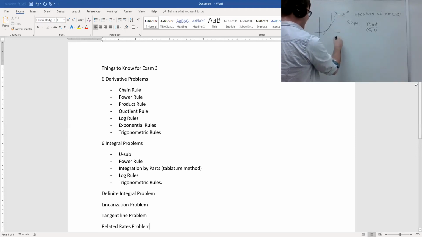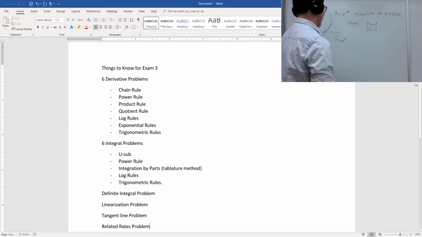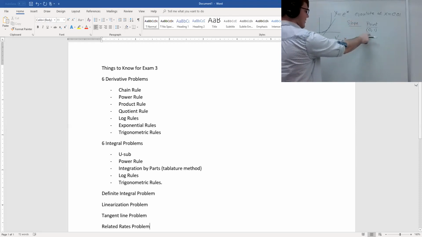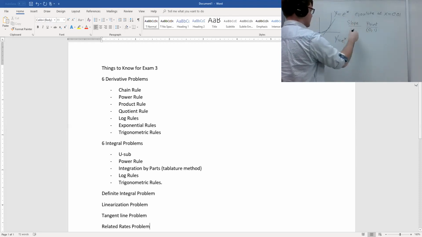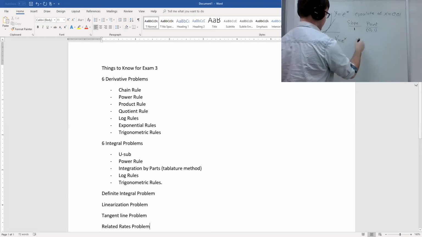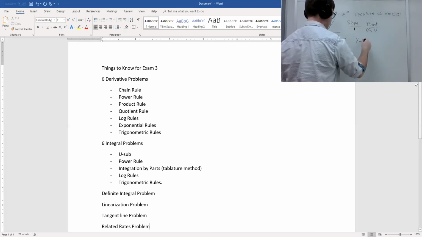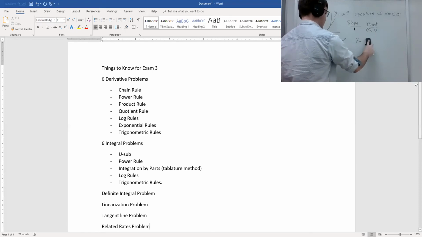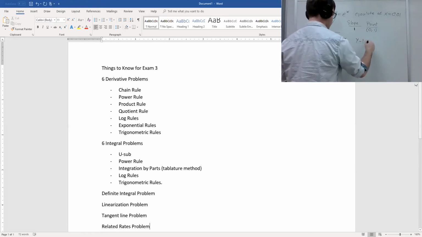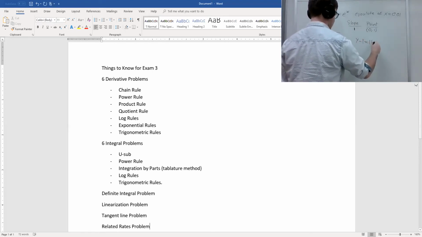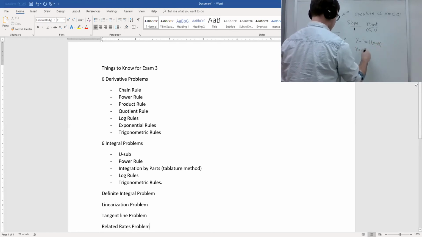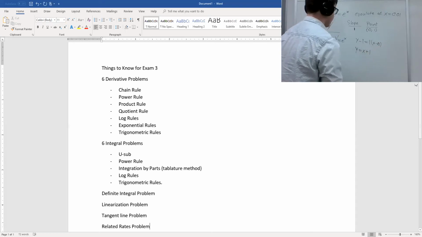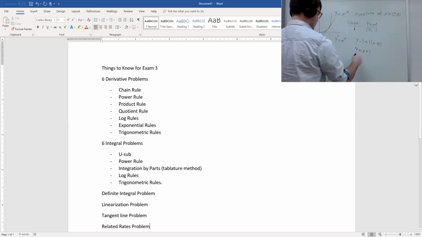Then we use that same point, the 0, for our slope, which means our slope is just going to be 1. So we end up with y minus 1 equals 1 times x minus 0. So y equals x plus 1 is our tangent line.